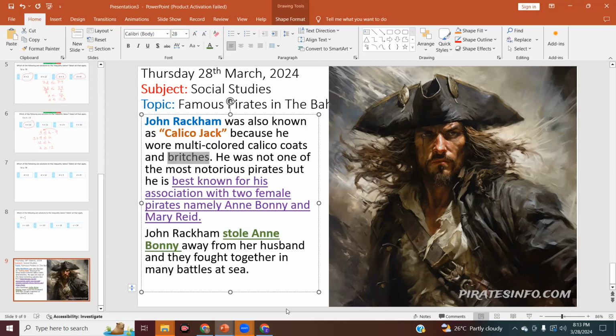So when they say he is well known, why is he called Calico Jack, by the way? Because his what? Because he wore multicolored coats and breeches. Now when we say breeches, we're talking about trousers, the pants that he wore. So because of his multicolored approach to fashion, he got his name Calico Jack.